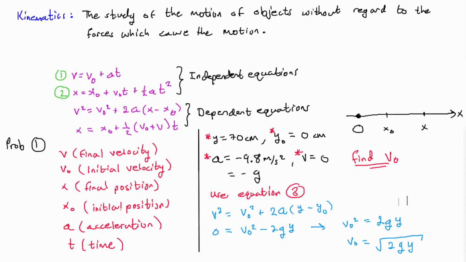So that means Y equals 70 centimeters is equal to 0.7 meters. Okay, so if you do all that correctly, you should get V0 equals 3.7 meters per second.